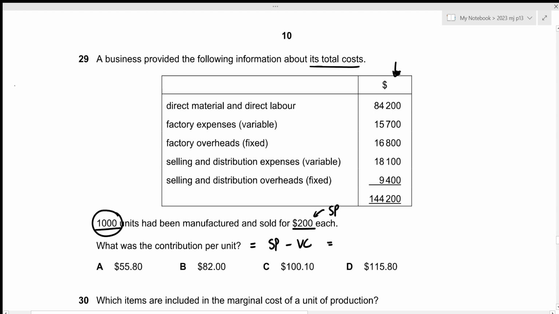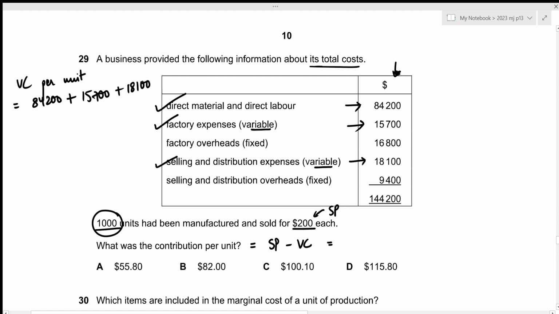Okay, so let's figure out variable cost per unit. First of all, we need to figure out the total variable cost. Direct material and direct labor is a variable cost. Factory expenses, these are given to be variable. And we also have selling and distribution expenses, which is variable. So our total variable cost is 84,200 plus 15,700 plus 18,100.